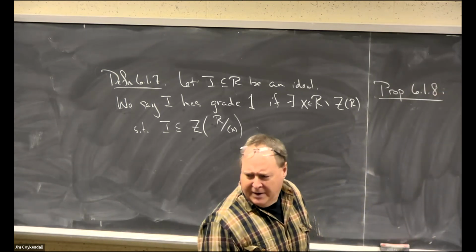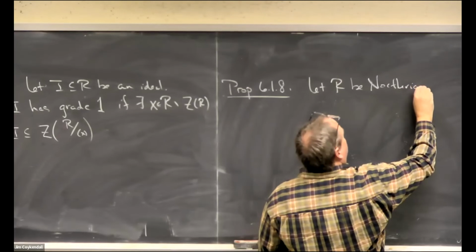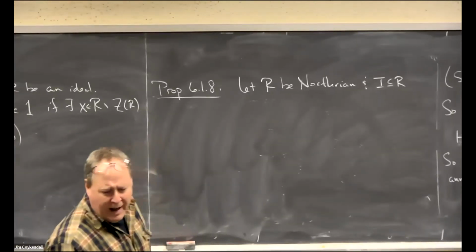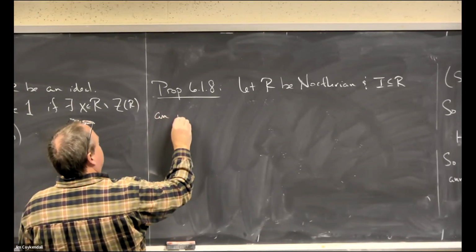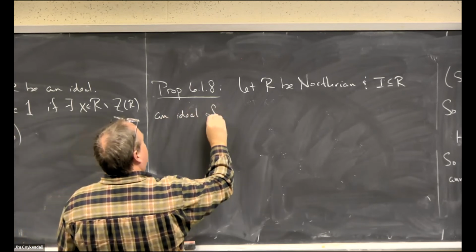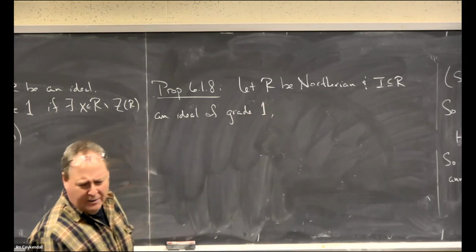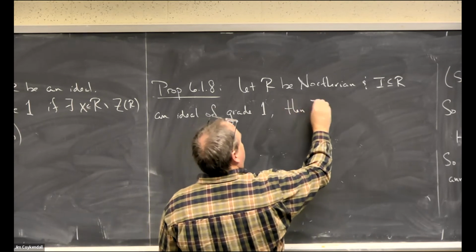Let R be Noetherian, and I an ideal of R, say, of grade 1. Then I inverse properly contains R.